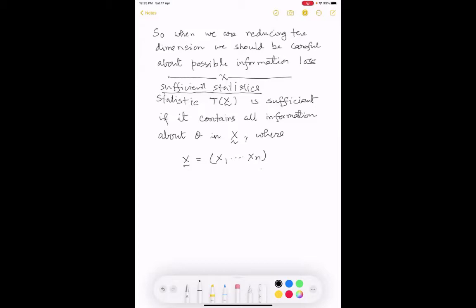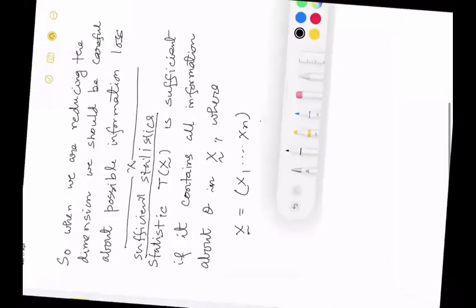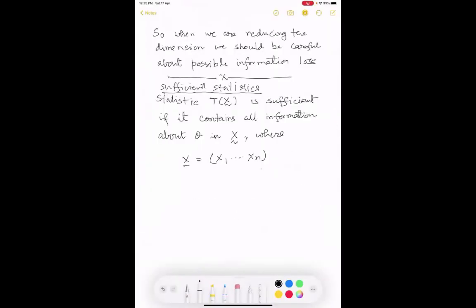Now, this entire concept of sufficient statistic was developed by the father of modern statistics, R.A. Fisher. He was basically a nutcase, and a racist person. A few days back, his name was erased from Oxford University's wall.